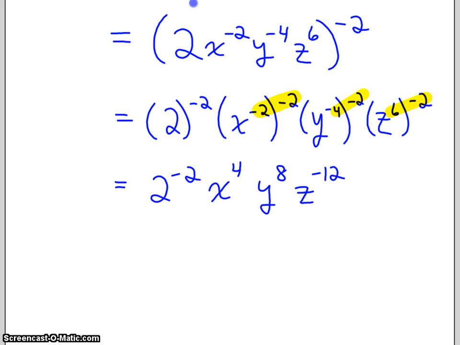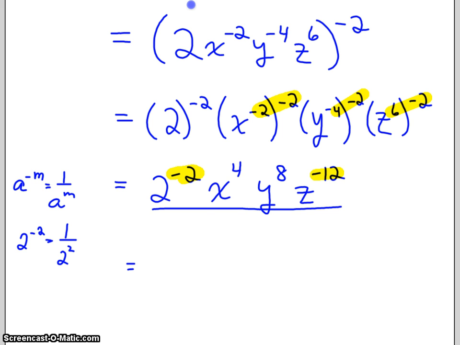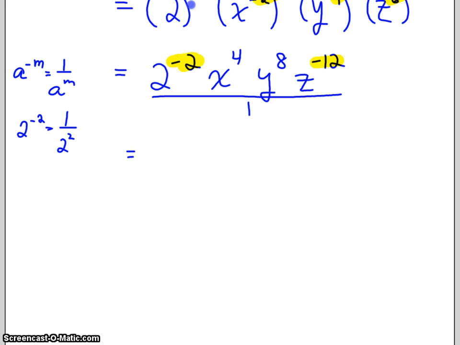Okay, now there are two negative exponents that need to be taken care of. Right here and right here. Recall the negative exponent property: a to the negative m equals 1 over a to the positive m. So just the 2 to the negative 2 is actually 1 over 2 to the positive 2. So if you imagine a division fraction bar with a 1, some of these are going to be moved before they become positive exponents.